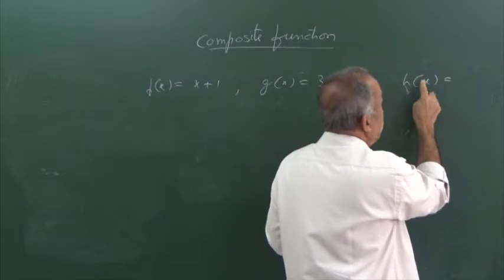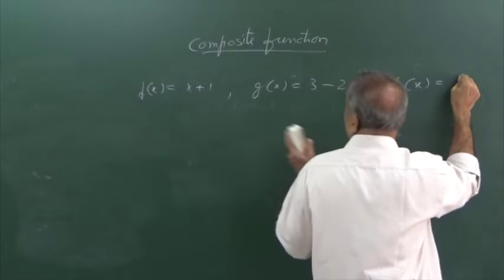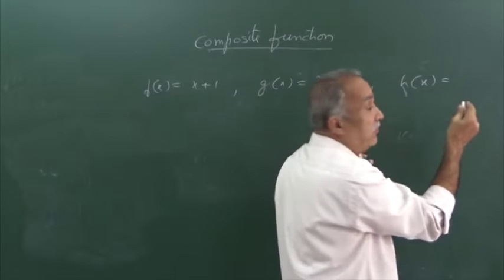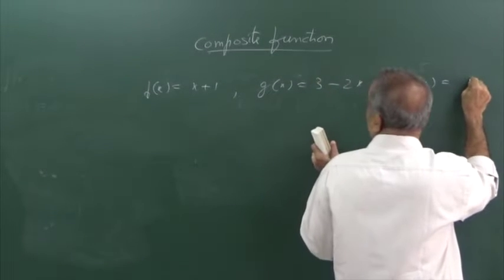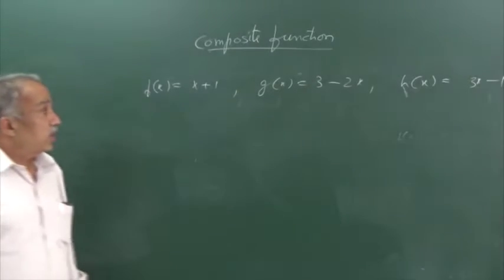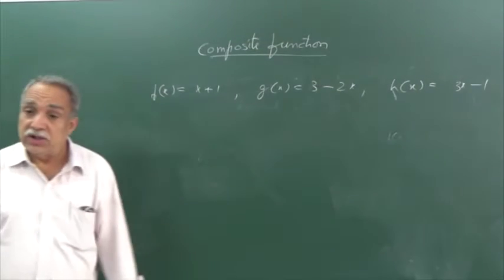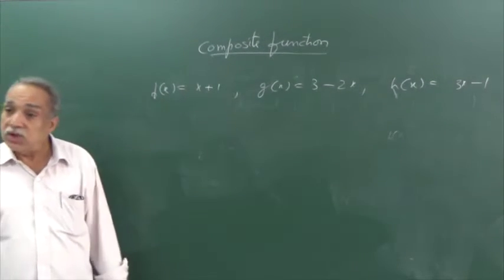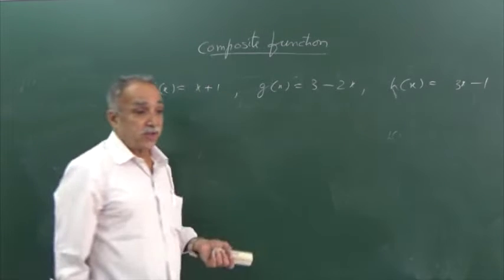For the sake of simplicity, consider a linear function. What I am going to derive will apply for all functions. Say 3x minus 1, let it be. What are the domains of f, g, h? All real numbers. What are the ranges? All real numbers for each of the functions.